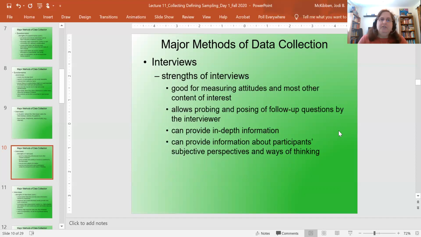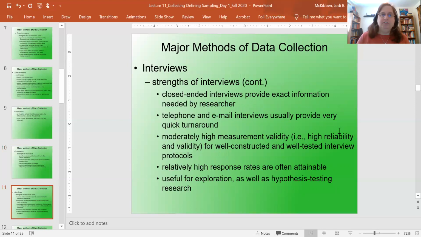Now, bear in mind, this is typical interviews where you're just asking these open-ended questions and looking for an answer. If you focus it a bit more, like I said with the SCID, then you don't get some of this stuff as much, but then you get better psychometrics, better reliability, better validity, those sort of things. Okay. So close-ended interviews like the SCID provide exact information.